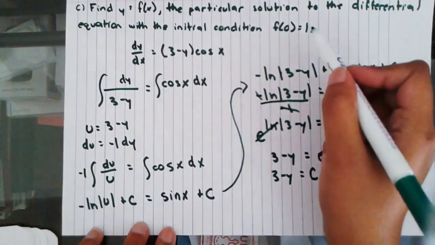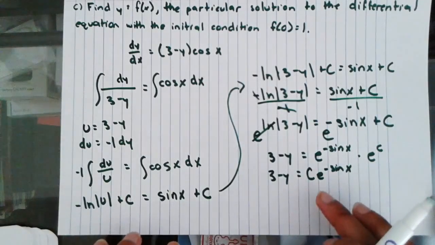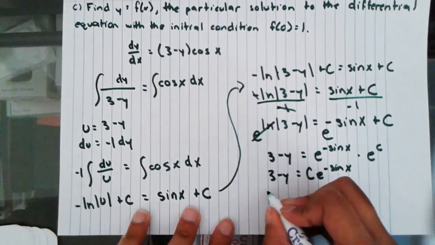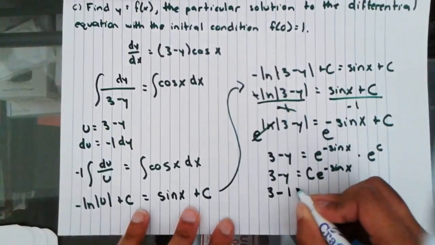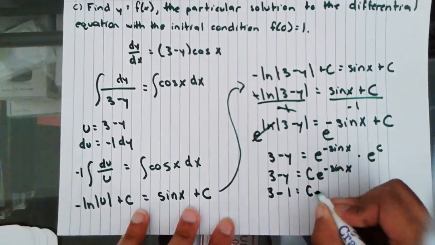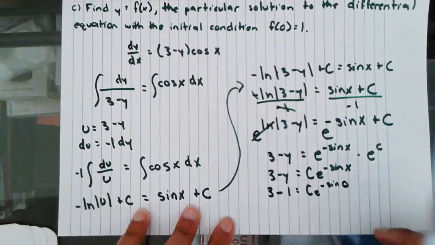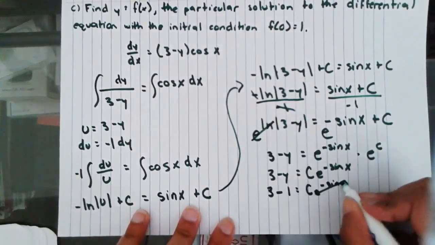We know that the initial condition is f of 0 equals 1, so we can plug that in so that we can find c. So 3 minus 1 equals c times e to the negative sine of 0. Sine of 0 is just 0, and e to the 0 is 1.